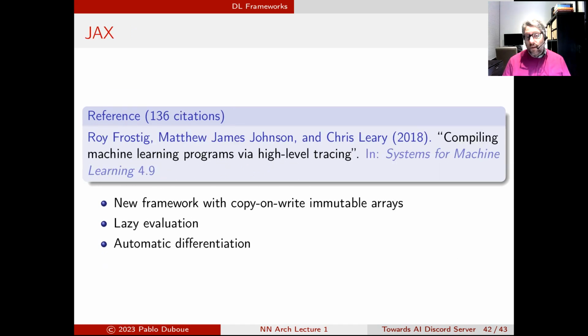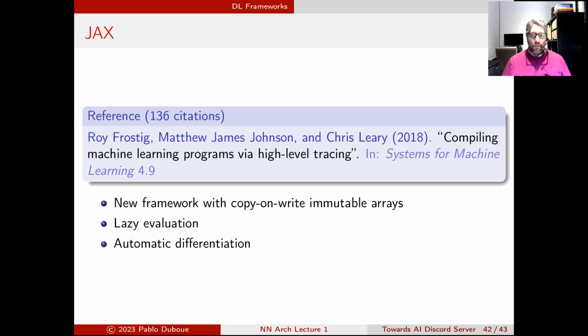And finally, we have JAX. This is a relatively newer system. JAX, its claim to fame is that it allows you to use many GPUs in a transparent manner. And that's thanks to a concept of immutability on the data. So everything you do produces a new array, a new copy of the data, and then this is made efficient by using copy on write.